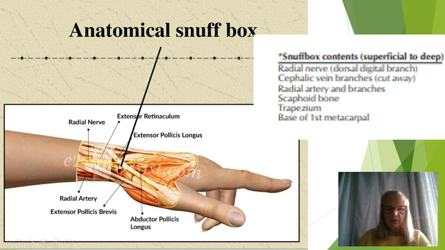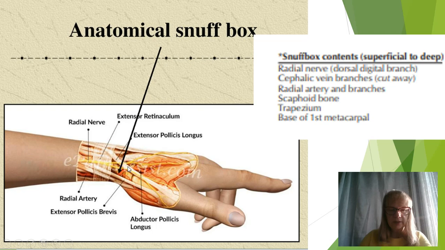So on the dorsal surface of our arm, exactly on the hand, on the border between the antebrachium and hand, we have a structure named the anatomical snuff box. It is on the dorsal surface, at the base of the pollex, the first finger.